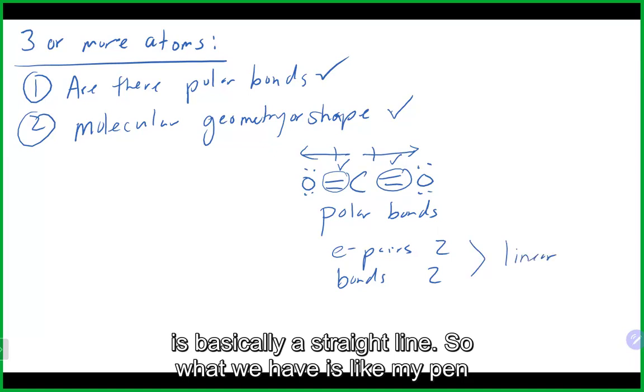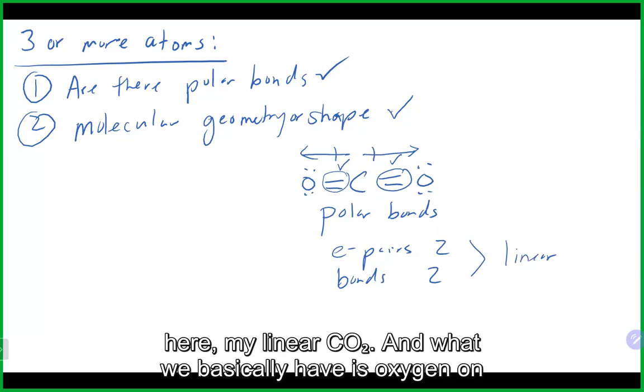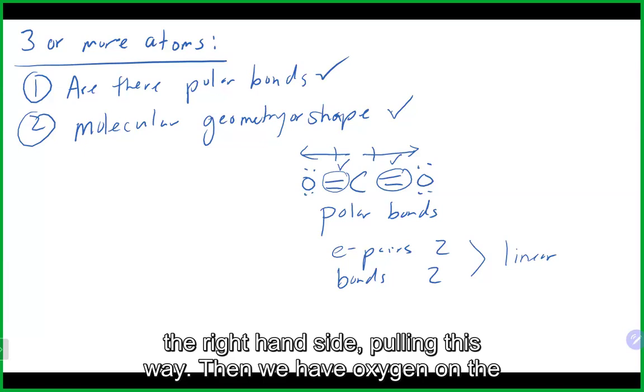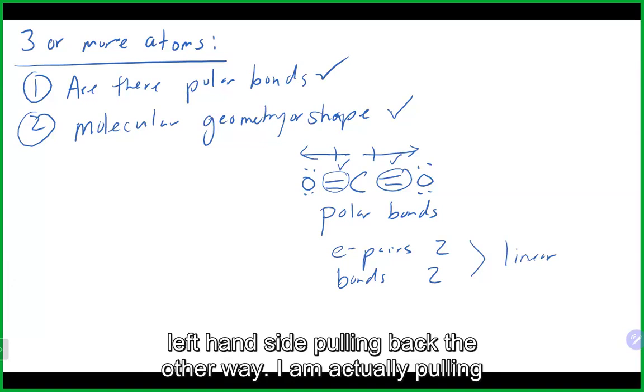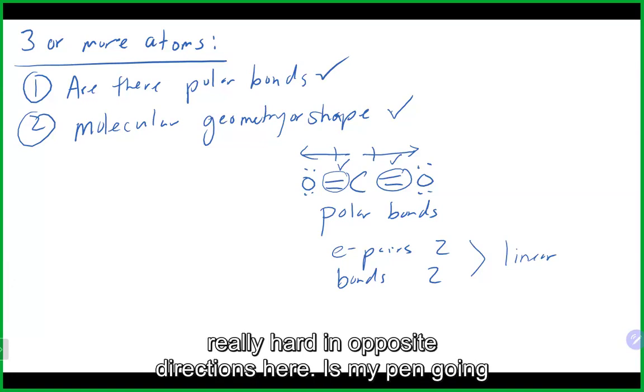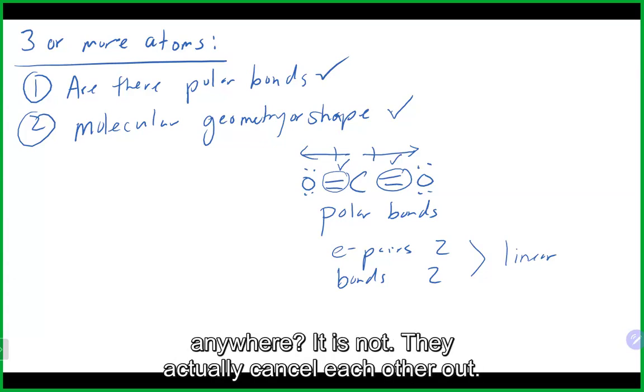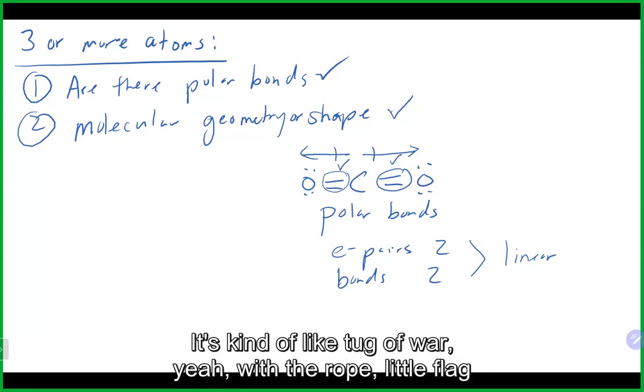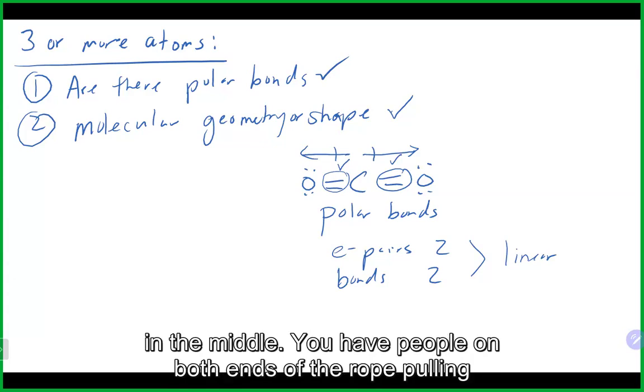So what we have is like my pen here, my linear CO2. And what we basically have is oxygen on the right-hand side, pulling this way. Then we have oxygen on the left-hand side, pulling back the other way. I am actually pulling really hard in opposite directions here. Is my pen going anywhere? It is not. They actually cancel each other out. It's kind of like tug of war, with the rope and a little flag in the middle. You have people on both ends of the rope pulling equally.